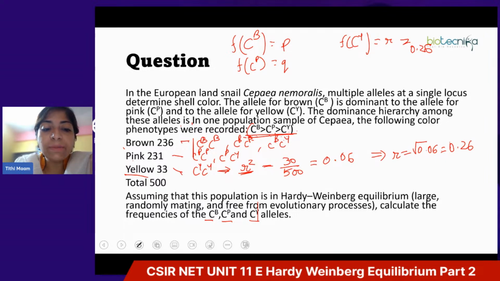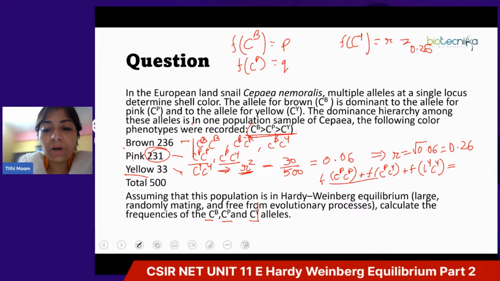So what will be the equation? It will be frequency of CPCP plus frequency of CPCY plus frequency of CYCY will be equal to how much? CPCP and CPCY is 231, so this value is 231 divided by 500. What is the value of CYCY?